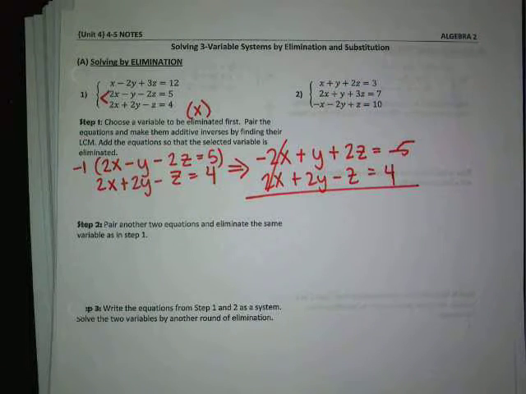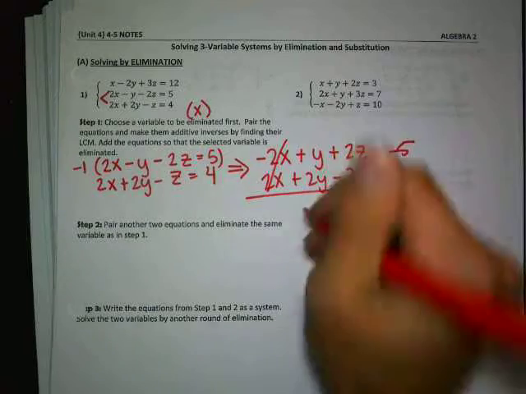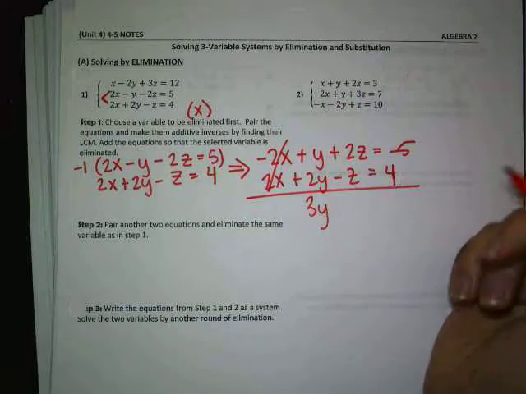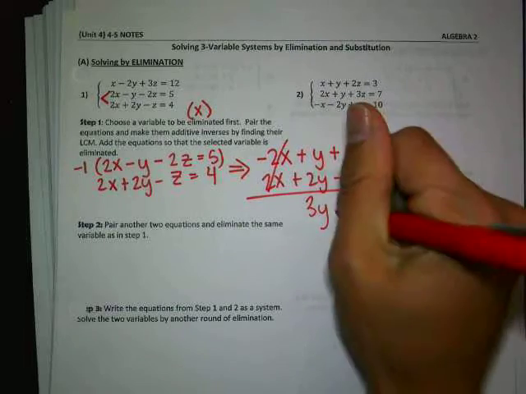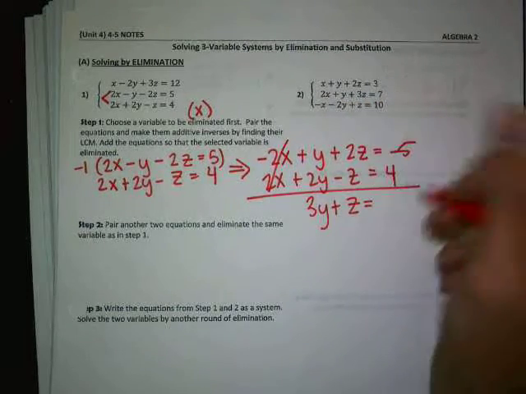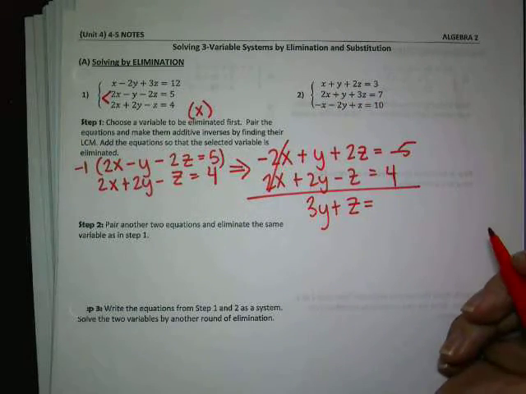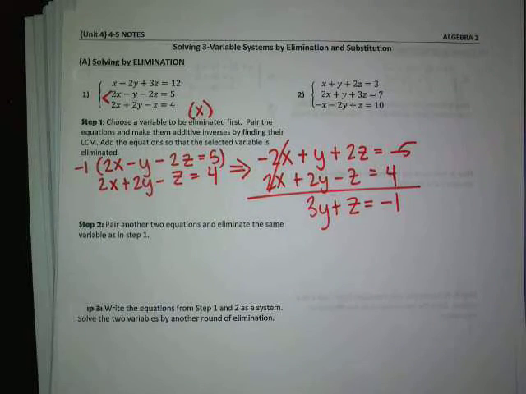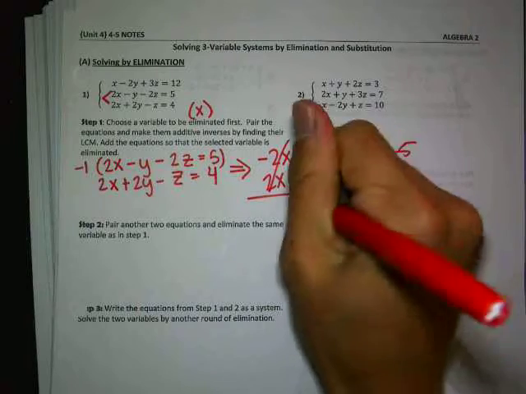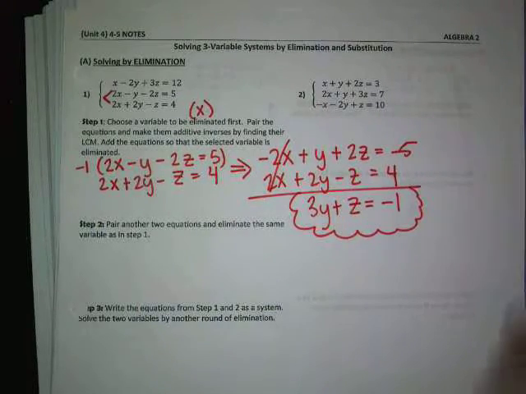What's y plus 2y? 3y, very good. 2z minus z? z. And -5 plus 4? -1. All right, once you get to that spot, stop and bubble your equation.